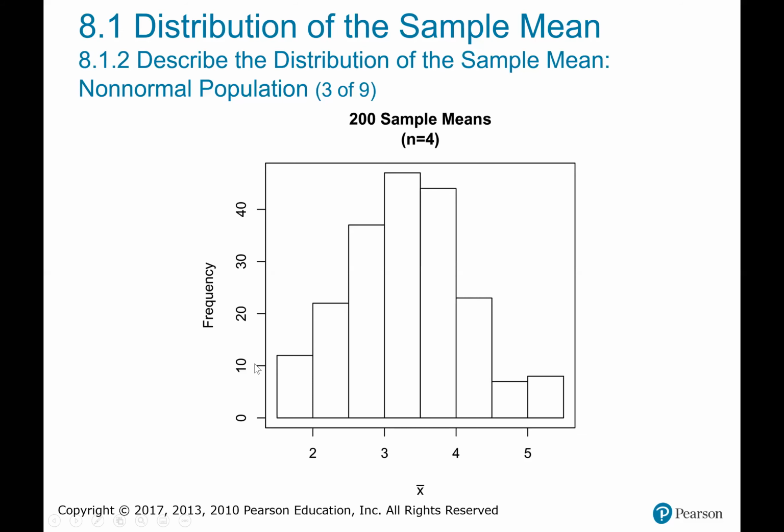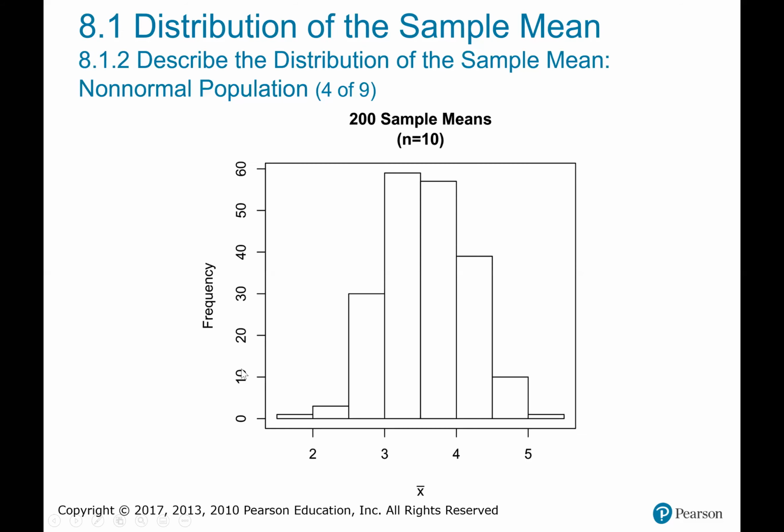So now we increase n equal 4 to n equal to 10. So now you see it still is not really symmetric. It gets better, but it's still not really symmetric, okay?